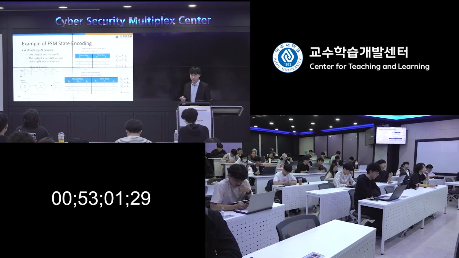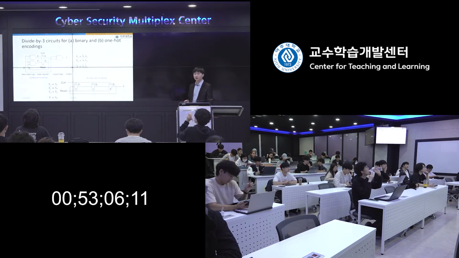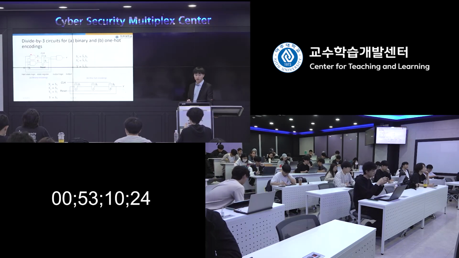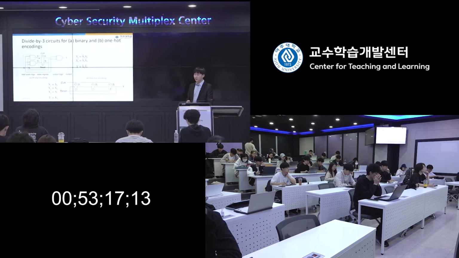Okay, let's move to the next step. Once you have those Boolean equations, it's easier to build the circuit schematic. You always start from the state registers. You have 2 inputs, right?